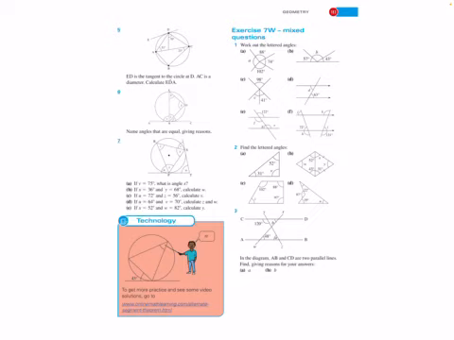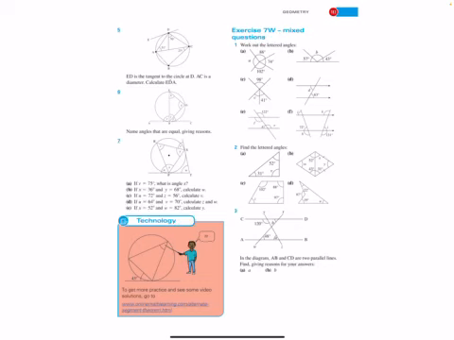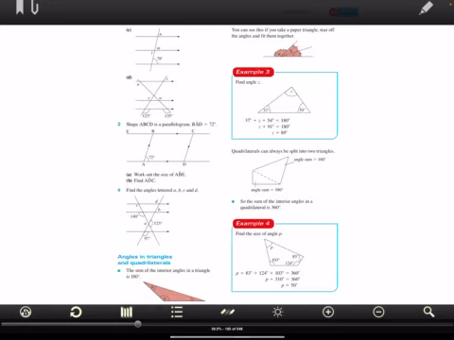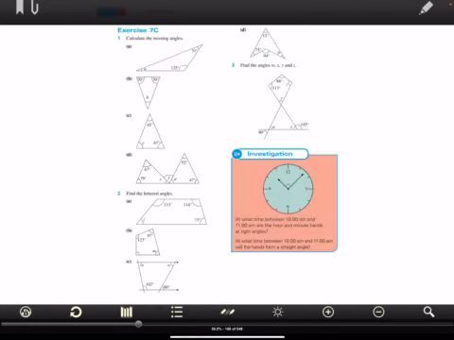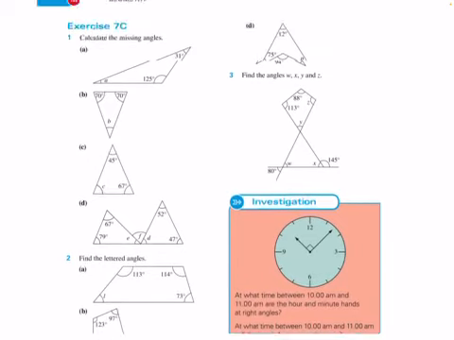I don't understand why you can't use corresponding. Or you cannot choose correspondence? Like why can't we use opposite angles? Why can't we use like x is opposite to 88? Like number 3. Like z is 130.